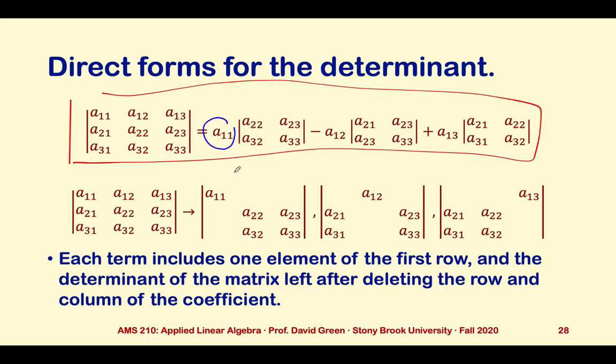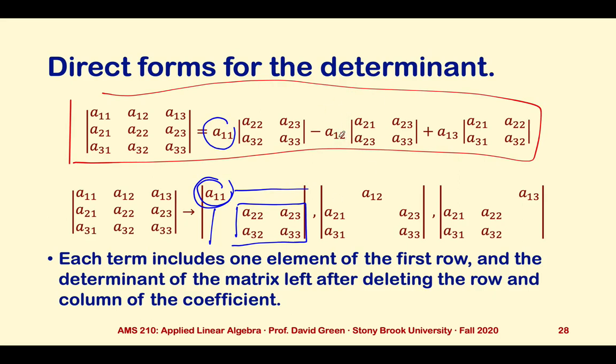Well, we have a coefficient A11, which is this term, and we have a determinant of the entries A22, A23, A33, and A32, which is this block of terms here. We note that the elements that we have here in this determinant are the ones that are left if we delete the row and the column corresponding to this coefficient.